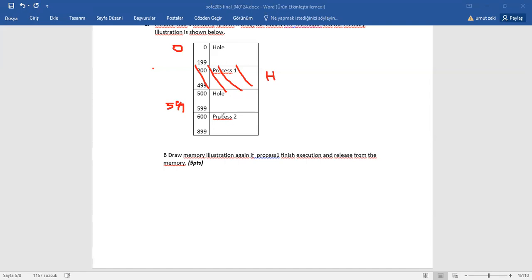I mean, process one and process two can be one after the other. But if holes are contiguous, we can think of it as a big hole. So draw the memory illustration again.